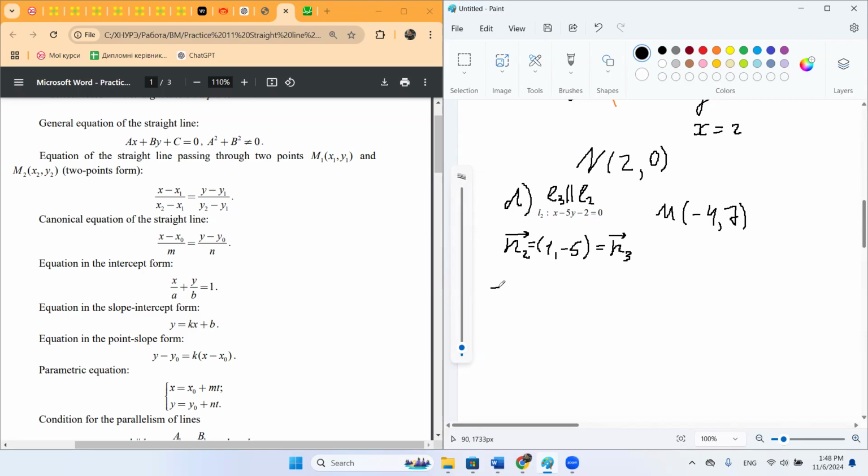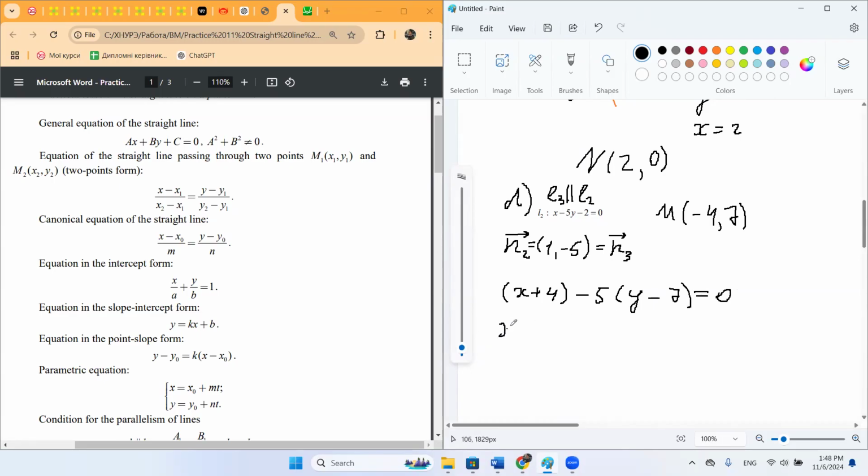So writing down the equation: x plus 4 minus 5 times y minus 7 equals 0.